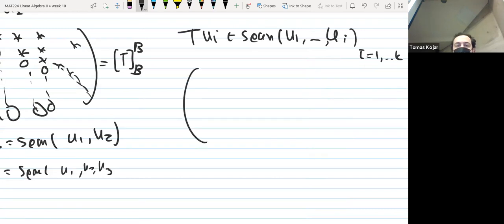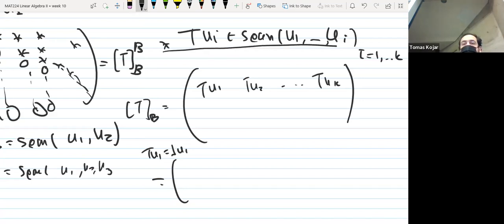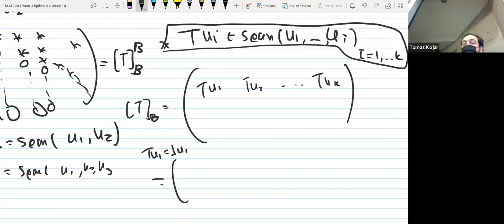Remember, T beta are the columns TU_1, TU_2, and so on. What does it say? It says TU_1 is equal to some combination of U_1, because you go up to i. So TU_1, you put lambda_1 and then zeros.